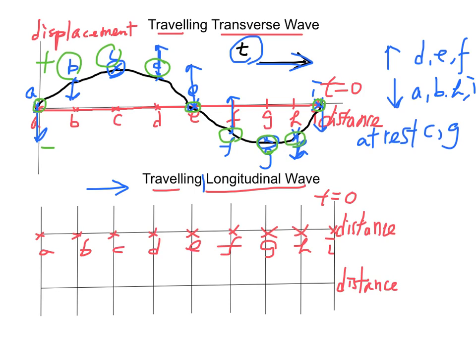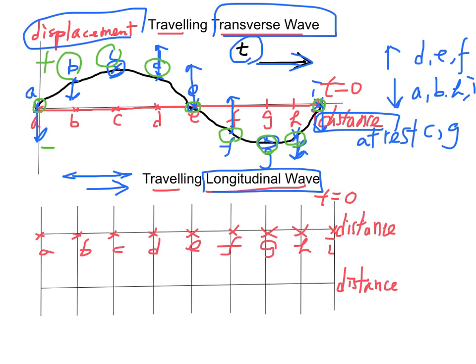For a longitudinal wave, the particles are vibrating in a direction parallel to the direction of travel of the wave. That is, the particles are vibrating forward and backward. By comparing with the displacement-distance graph of a transverse wave, we can find the respective positions of the particles at time t.